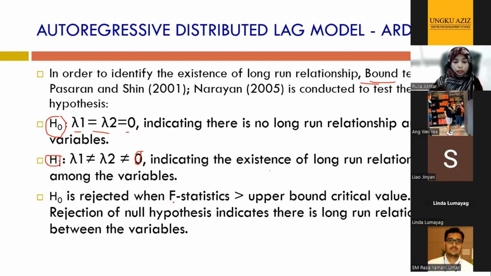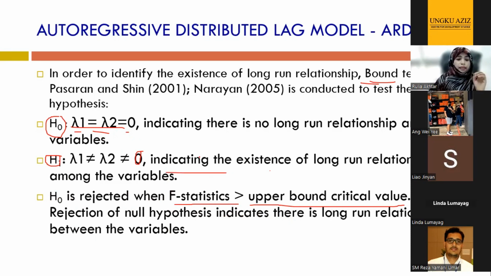If the F statistics value, meaning our calculated bound test value, is greater than the upper bound critical value, then we can reject the null hypothesis. If we reject the null hypothesis, we accept the alternative hypothesis, am I right?